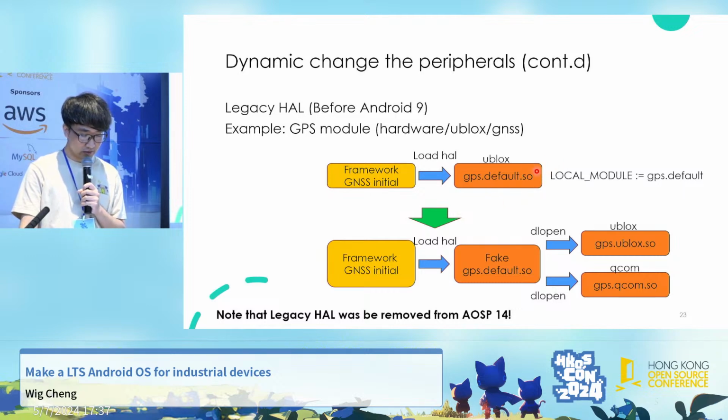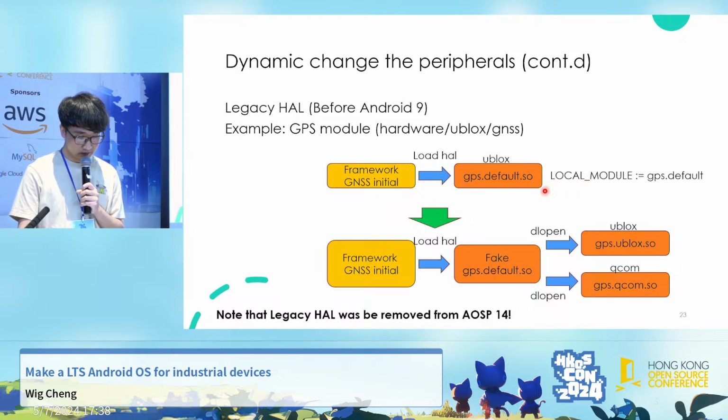The library name is fixed, so we can tweak the library from the upside to the downside. We can create a fake library with the same name, and load the correct one by maybe detecting the chip ID or vendor ID of your GPS module.